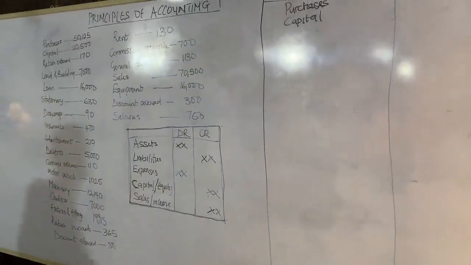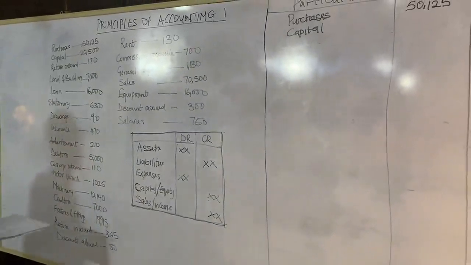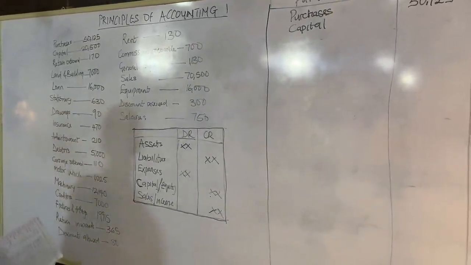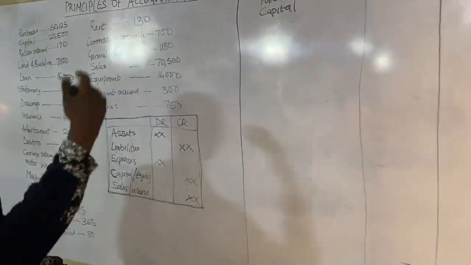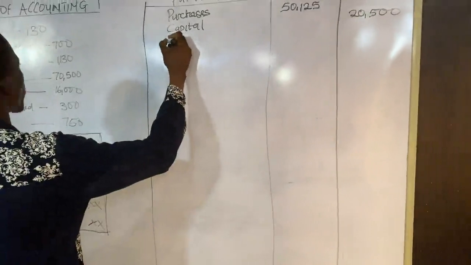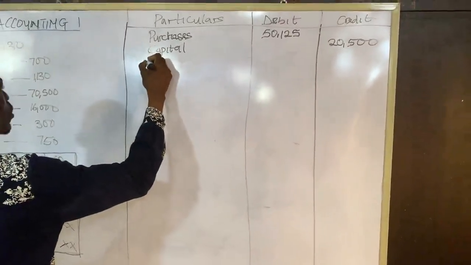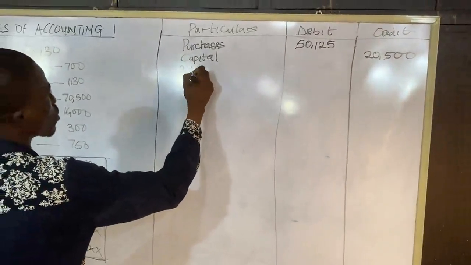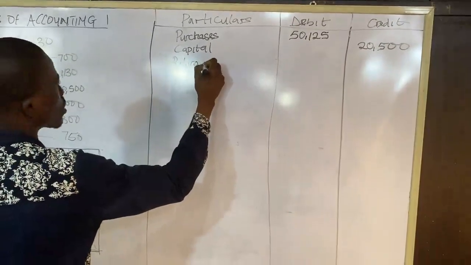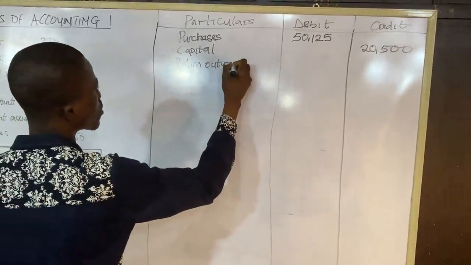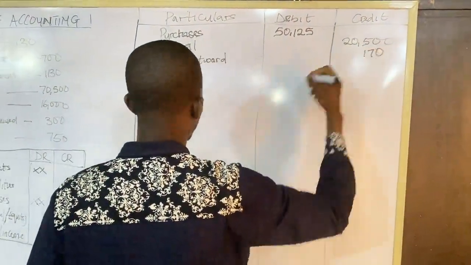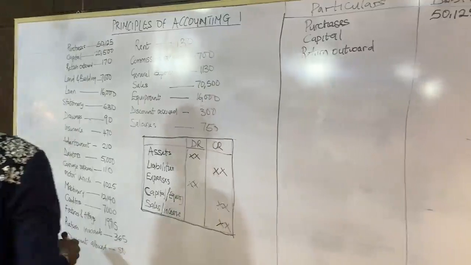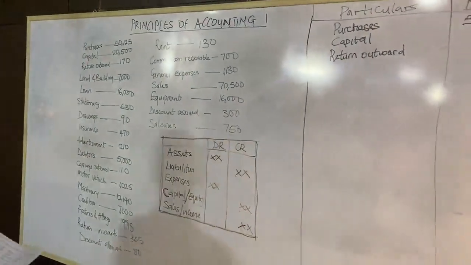So if purchases is on the debit side, return outward will be on the credit side. You return some goods out of the purchases, return outward, 170 naira. Land and building, 7,000.